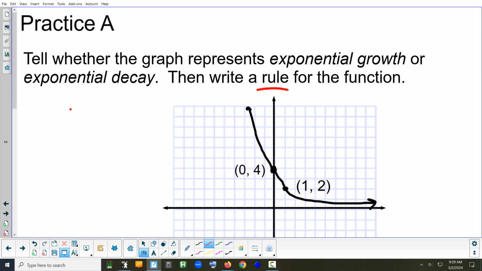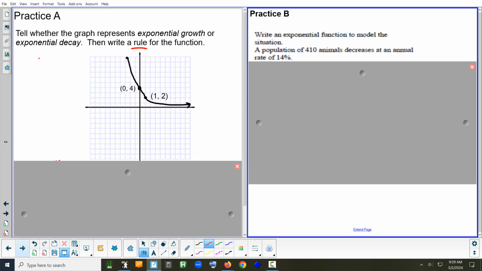Like the y equals ab to the x. That's practice A. And this one is practice B. You don't have to copy down the whole problem.